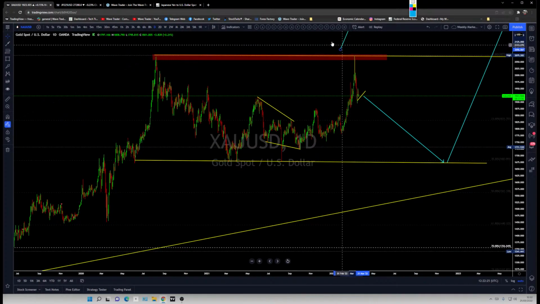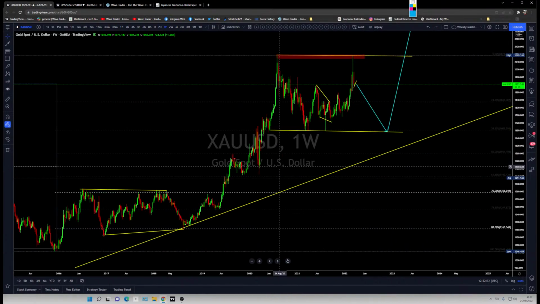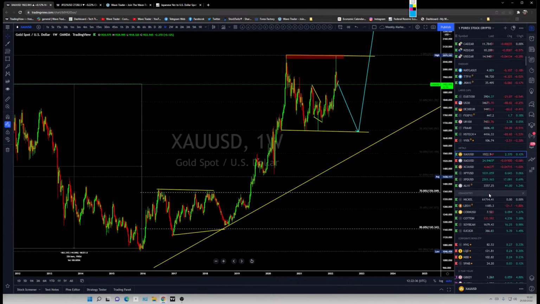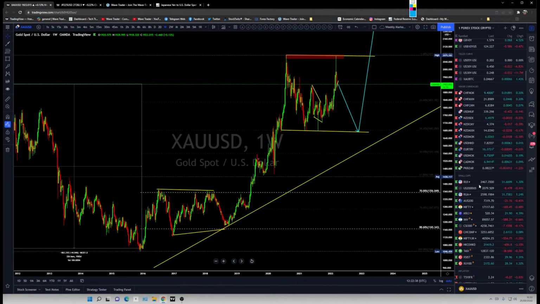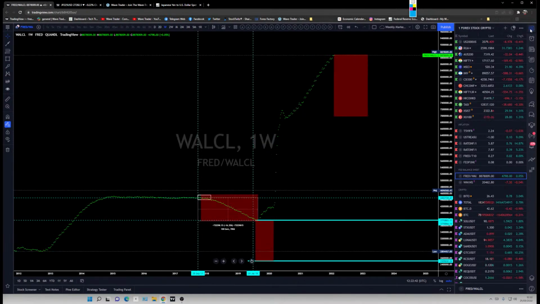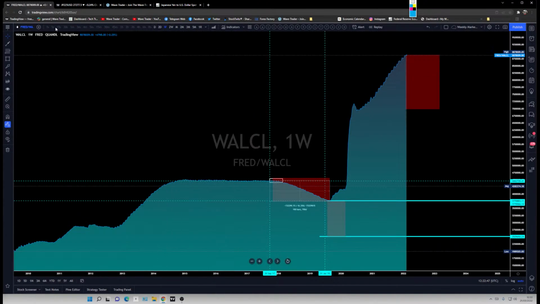So gold went lower from the previous top. We were expecting it to hold the previous top and drop. Let's pull out this chart on the Fed balance sheet and see what it tells us.